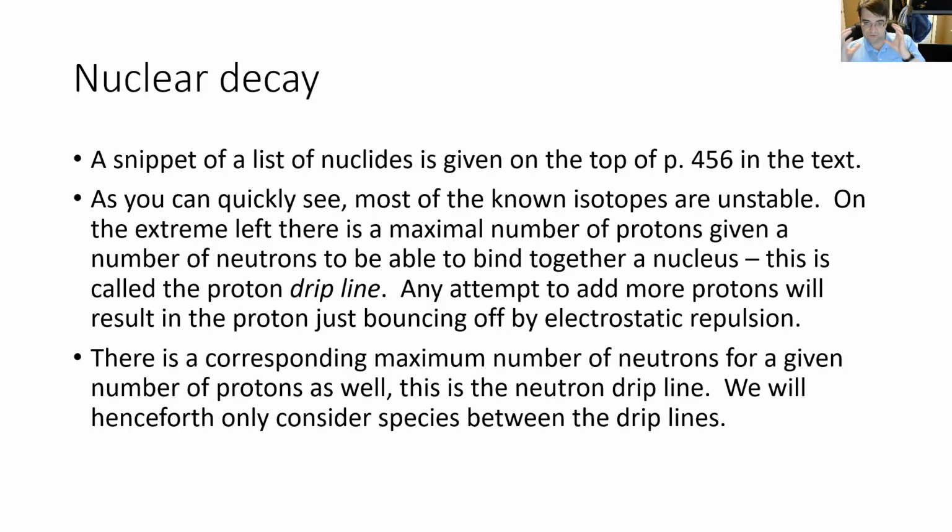There's also a maximum number of neutrons for a given number of protons. That's the neutron drip line. It's a little more complicated because neutrons don't have electrostatic repulsion, so it's only getting to too high an energy level to absorb additional neutrons.